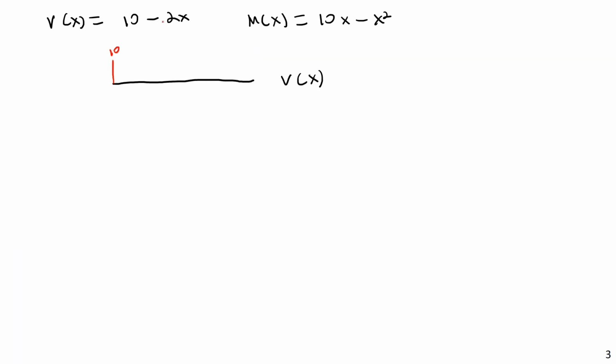So 10 minus 2 times 10 will be negative 10. So we're going to have a linear plot of shear here. We're going to have a linear equation for our shear function, and it will start out being positive on the left-hand side, and it'll be negative on the right-hand side.